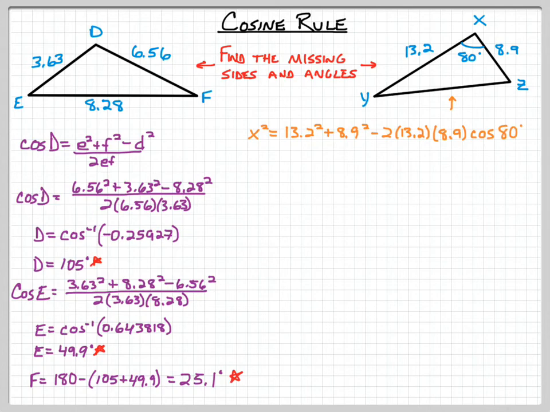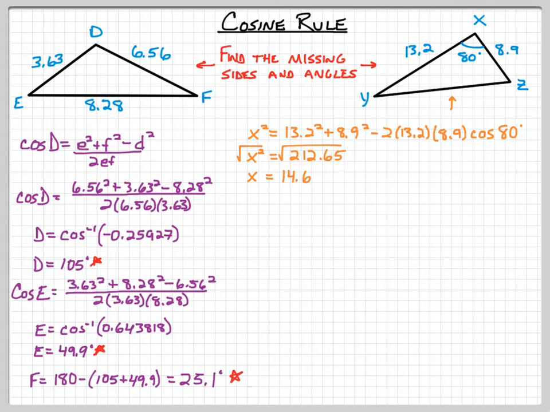Punch all that into our calculator. X squared equals 212.65. We don't want to know what x squared is, we want to know what x is, so we square root both sides, and x is equal to 14.6, again rounded. Okay, so now we've got all 3 sides, so we need to find an angle.